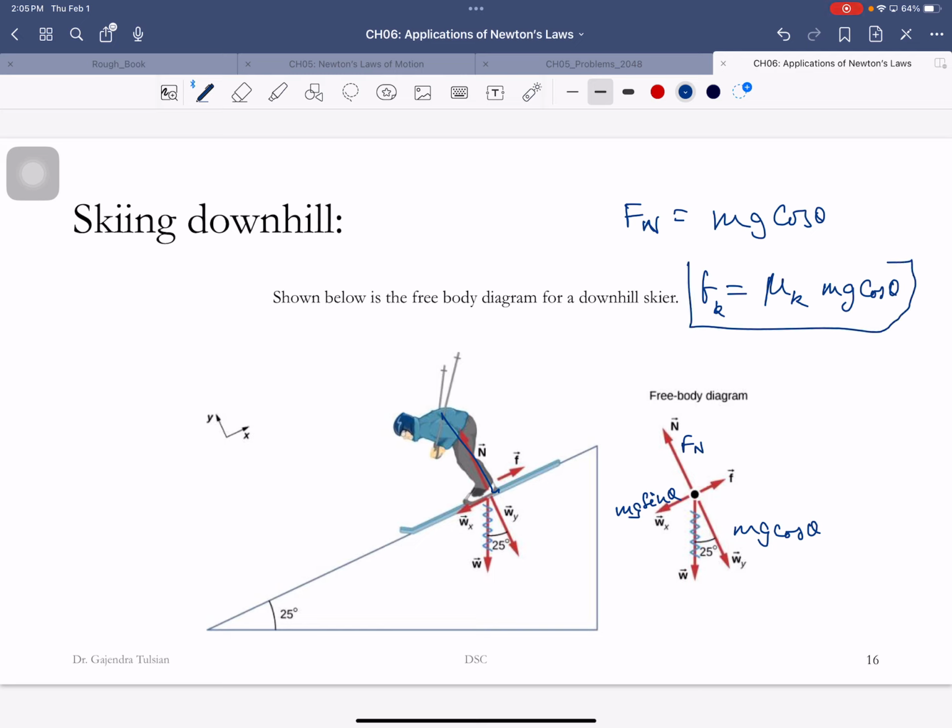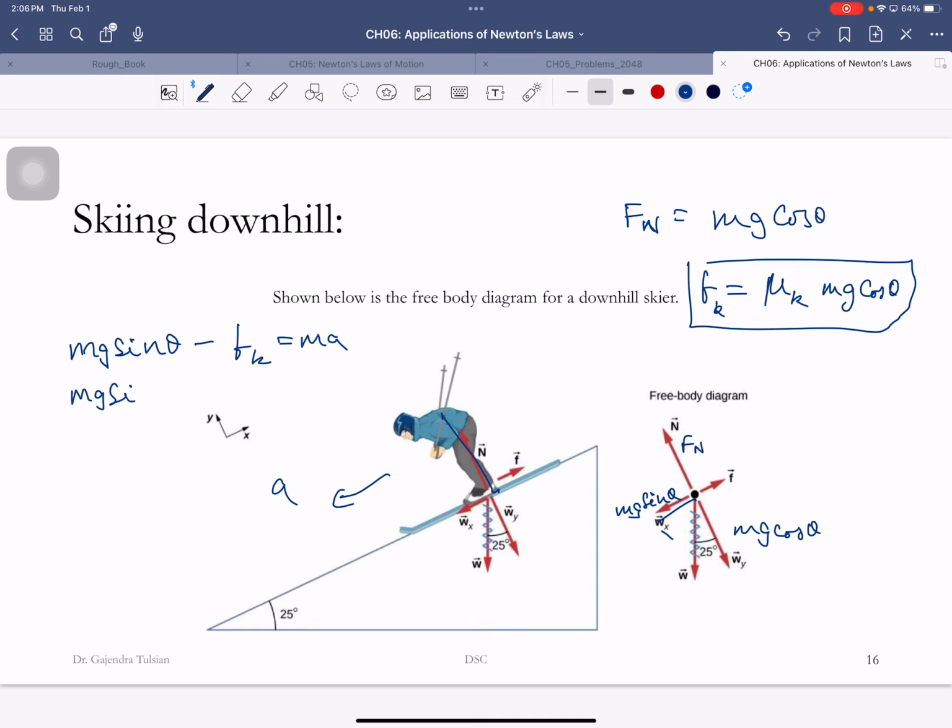And what is the acceleration of the skier down the slope? mg sine theta is the component of the weight in that direction, minus fk, equal to mass times acceleration.